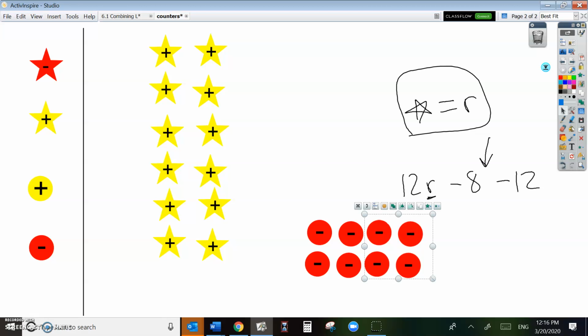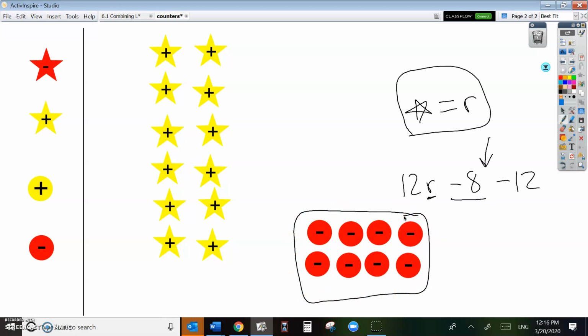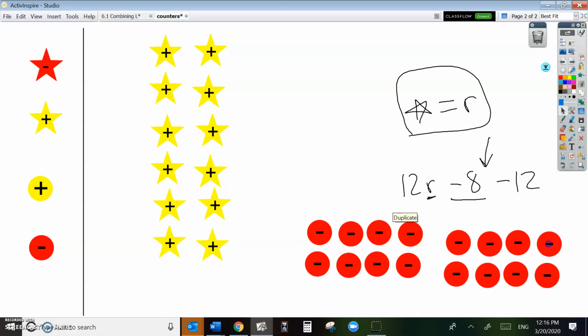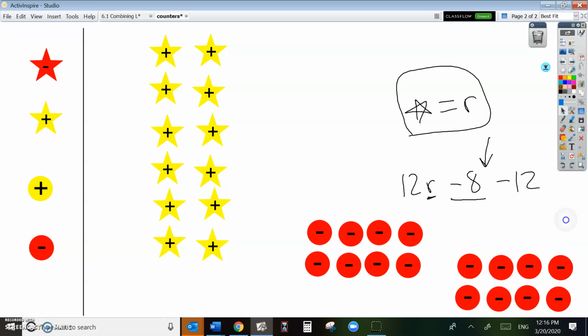So there's minus 8. This minus 8 is the same as this minus 8 right here. And now I need minus 12. Okay, here's my minus 12.